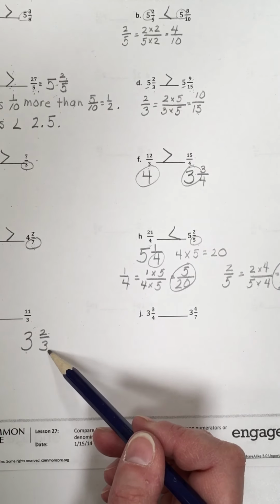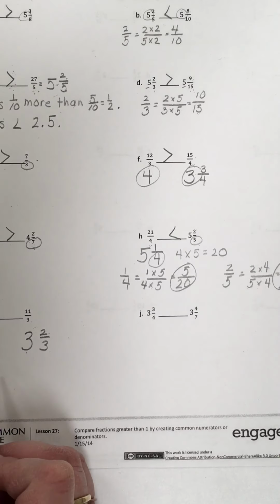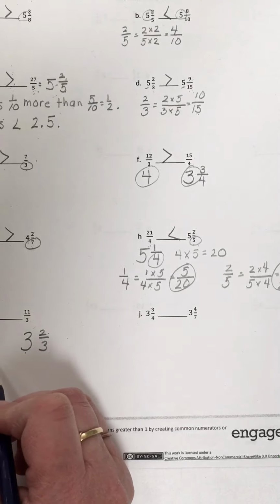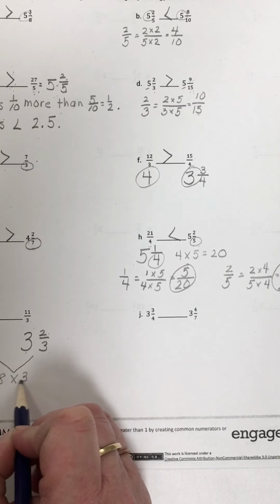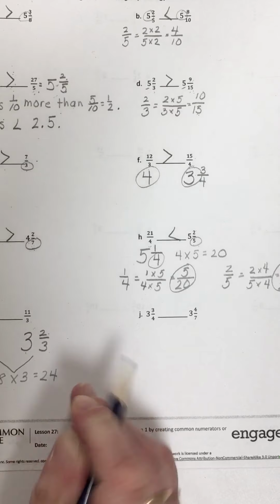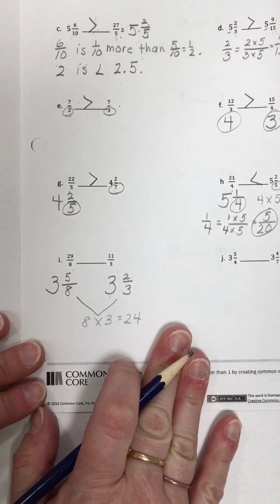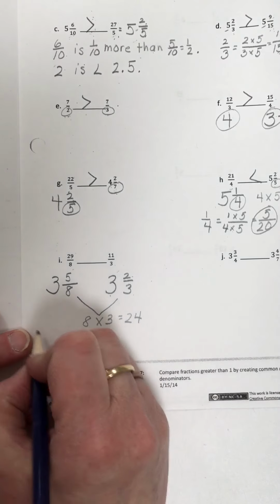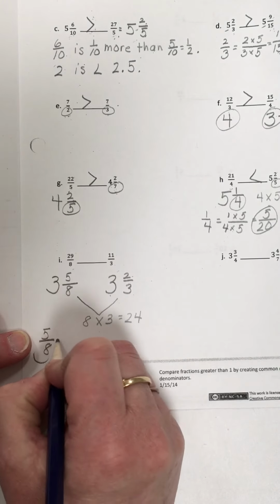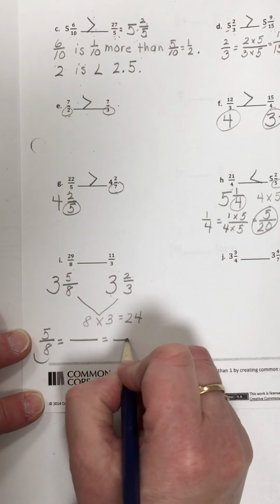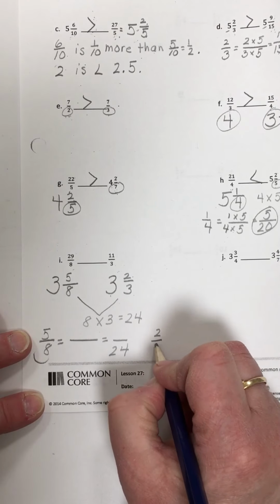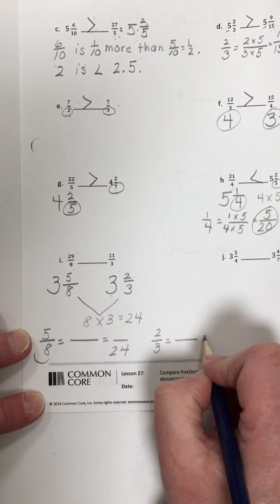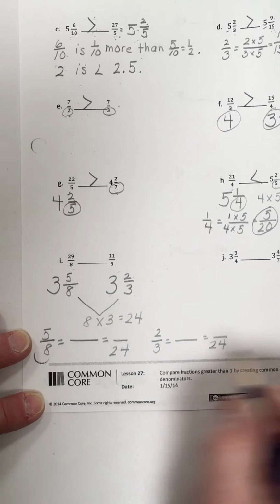My denominators are different. What I want to do is take the denominators, multiply them together. I get 24. So I'm going to turn 5/8 into 24ths, and I'm going to change 2/3 into 24ths.